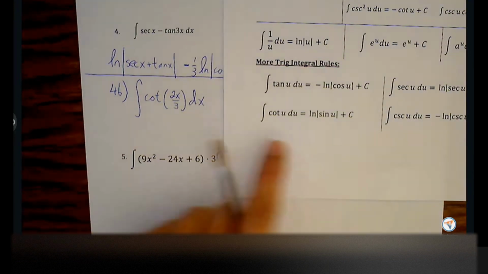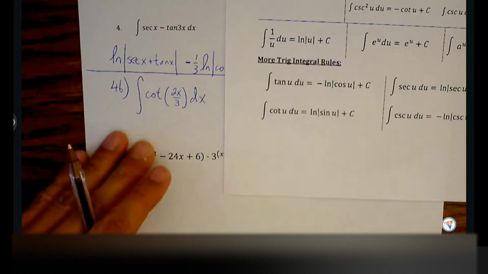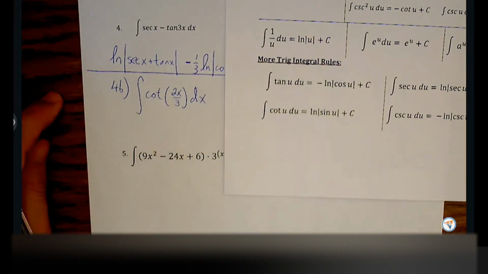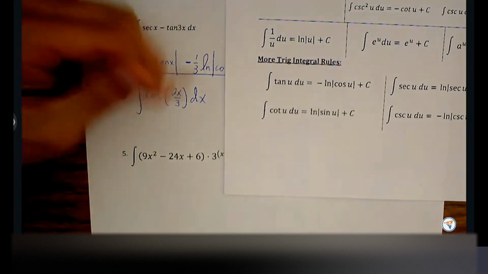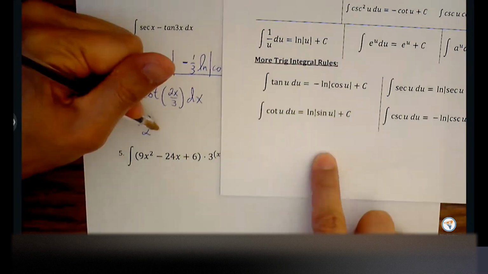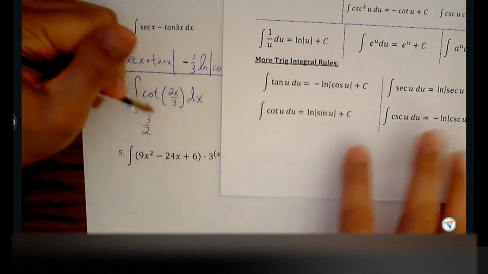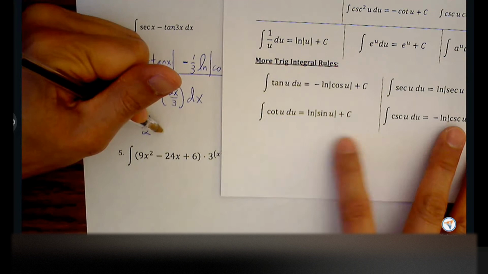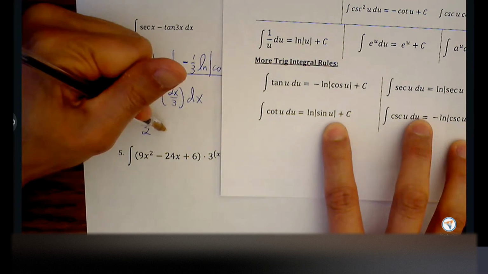What do you think that would be? Would it be 3 over 2x ln, and then absolute value of sin, and that would be the 2x over 3?